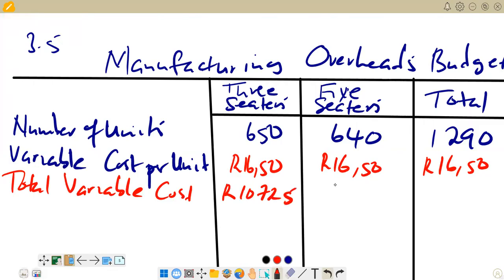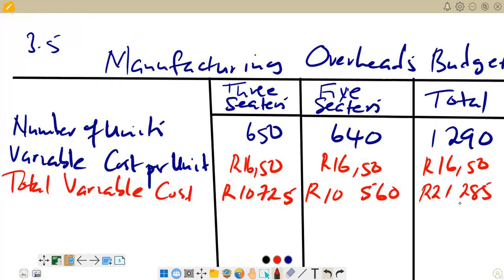We got 5-seaters again, 1650 times 640, then we get 10,560. So this is what we have there. Then with the total now, we add the two, this one plus this one, and we are going to get 21,285.